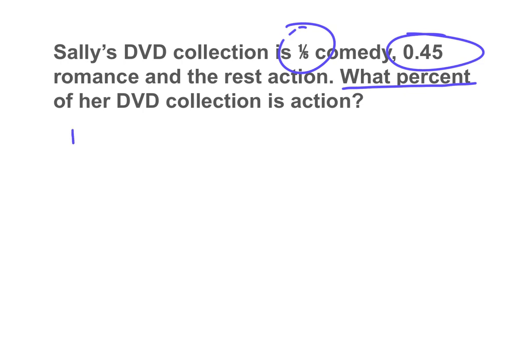So I want you to change 1/5 into a percent using the strategies we've been practicing, and 45/100ths into a percent. Go ahead, you do this work.